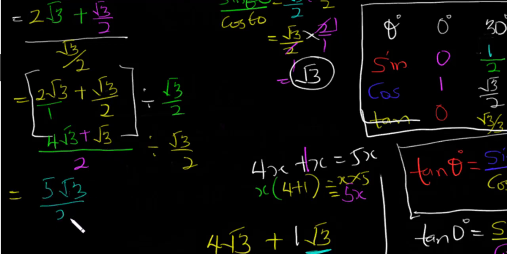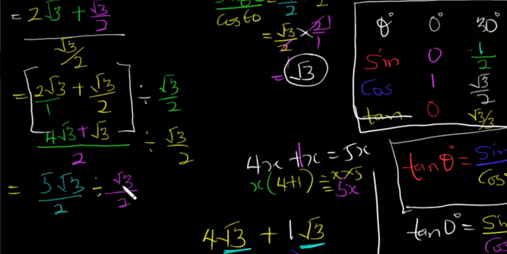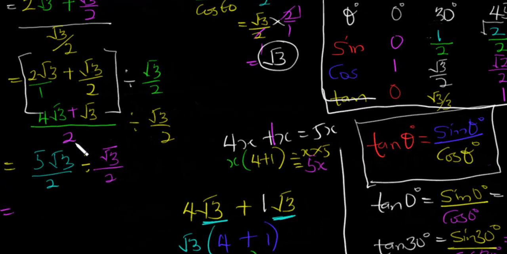All divided by 2, and we have divided by root 3 out of 2 here. So we can change the division sign to multiplication, so that the term on the right will be altered a bit.